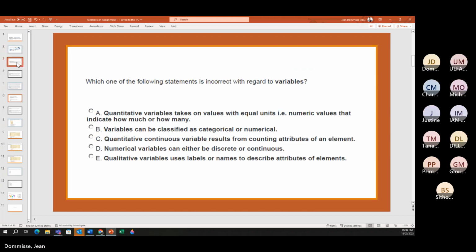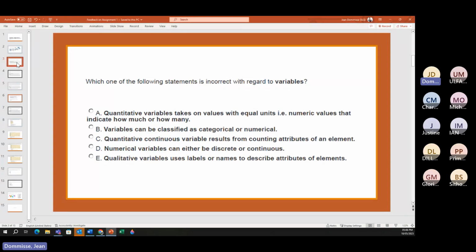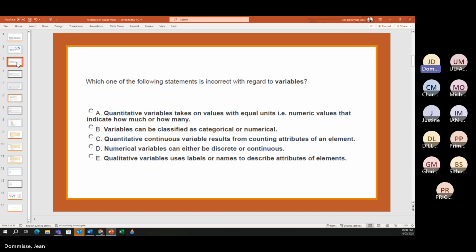Then the next one that they can ask you out of study unit 1 is to say things about the variables. They can ask you about quantitative, qualitative, categorical, numerical, continuous, discrete.